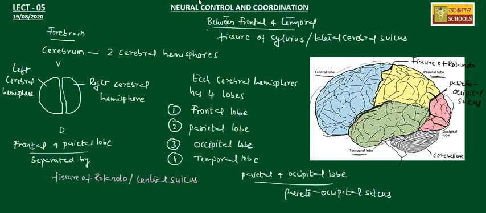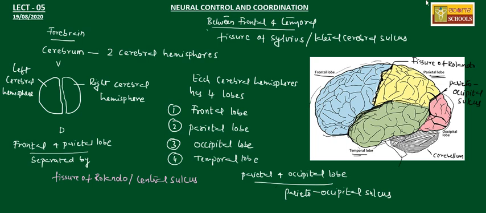So you can see this is the lateral cerebral sulcus. So we have three of these, all separated by fissures. One is the fissure of Rolando between frontal and parietal lobe, then between parietal and occipital lobe we have the parieto-occipital sulcus, and the third one is the fissure of Sylvius between frontal and temporal lobe.